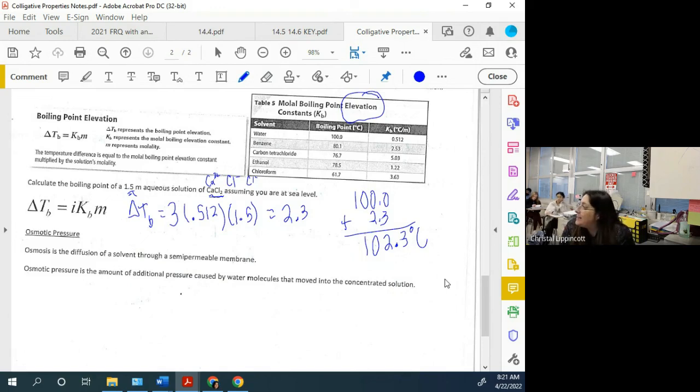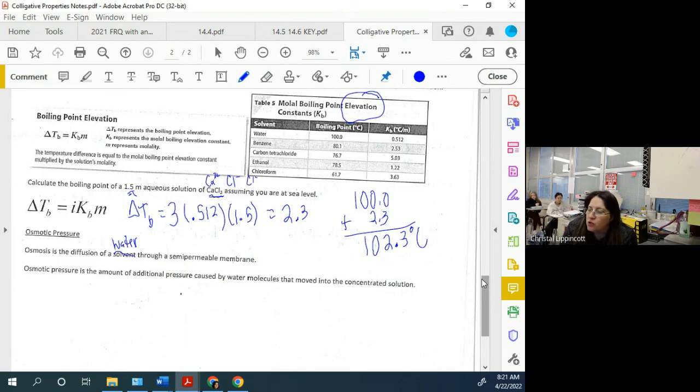All right, last thing in this unit: osmosis is the diffusion of a solvent through a semi-permeable membrane, and it's actually not just a solvent, it's water. Osmotic pressure is the amount of additional pressure caused by the water molecules that move into a concentrated solution.